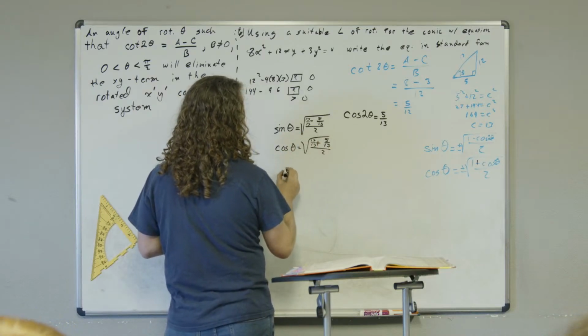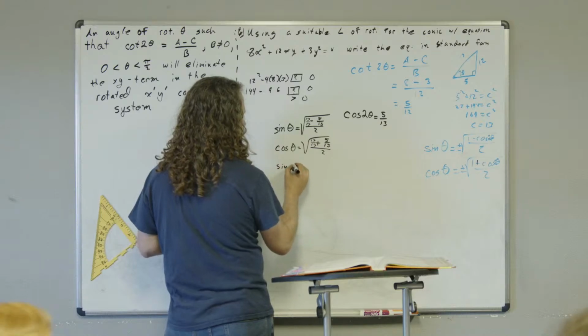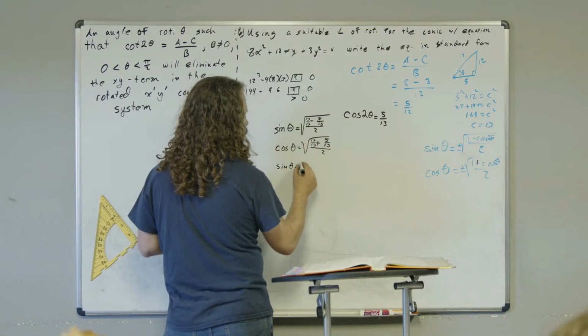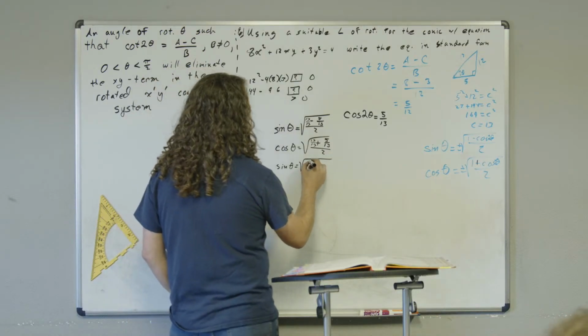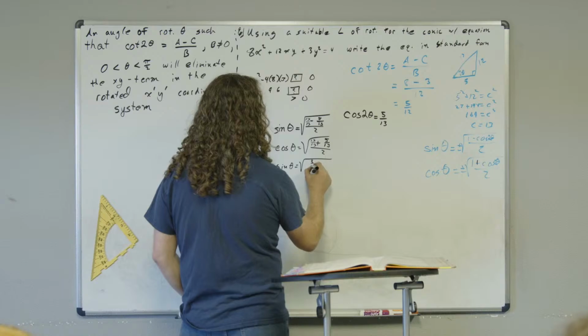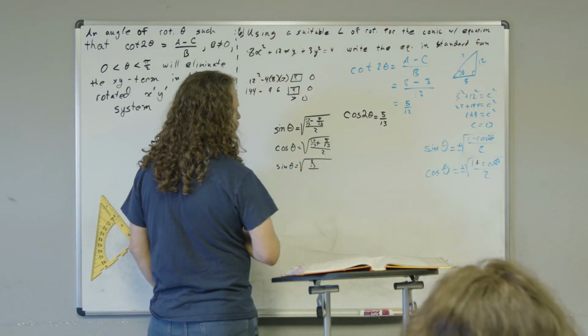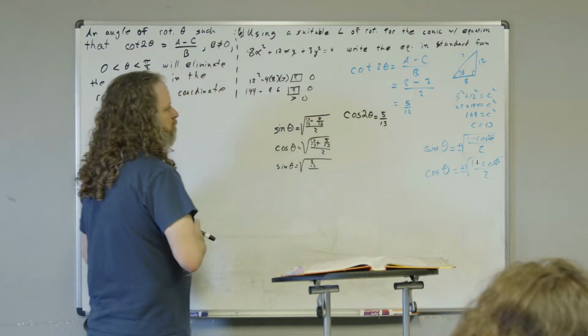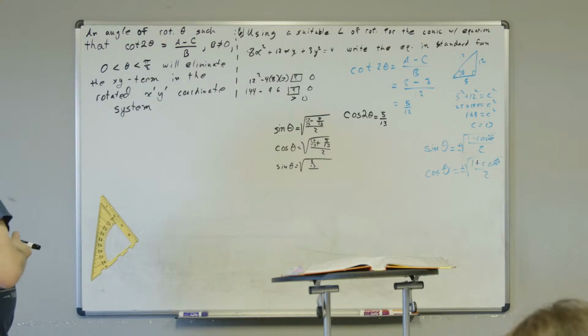So we've got sine theta equals the square root of 8/13 over 2. It would not be negative, since 13 is bigger than 5.